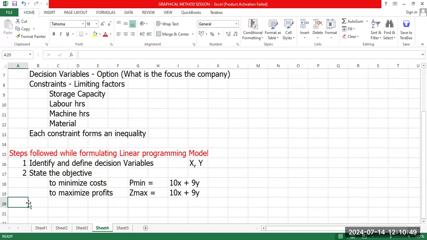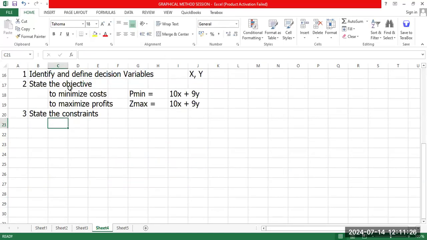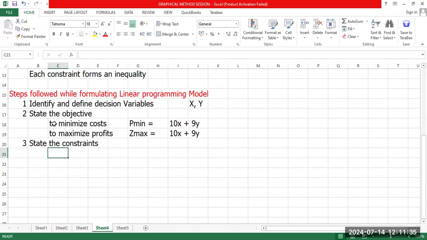Once you state your objective, number 3 is state the constraints. Now, you state your objective, the next is state the constraints. Constraints, as I said, are factors that may limit you from achieving your objective.